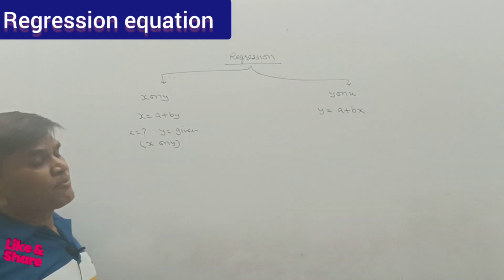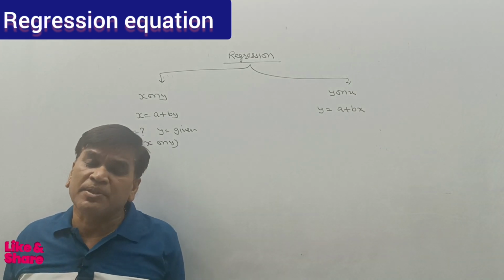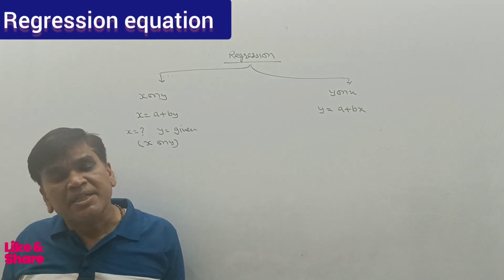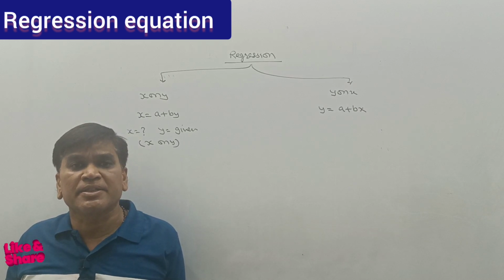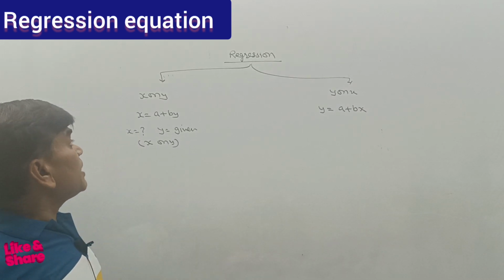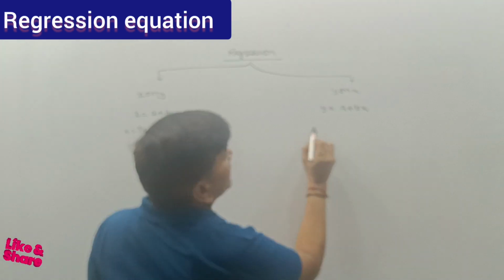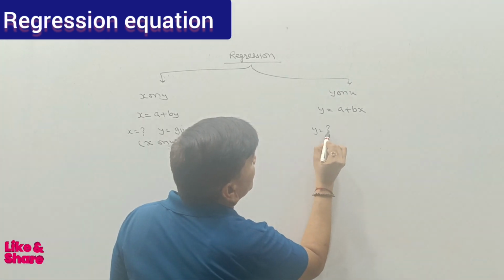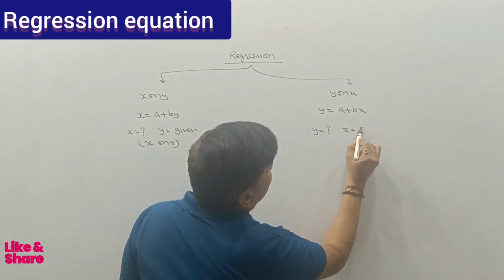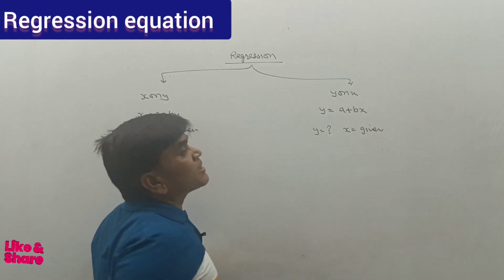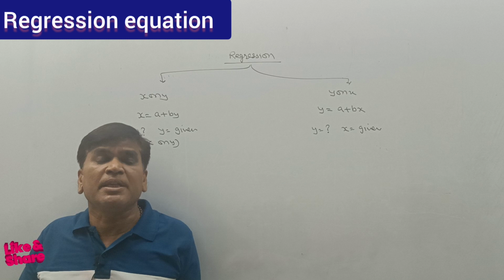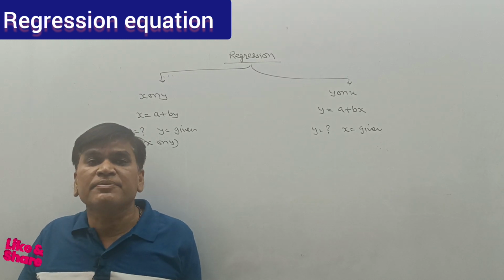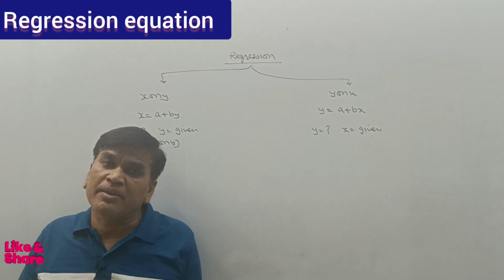It means if the y variable is given and x is not given, in such a case we have to calculate the regression equation that is x on y. Similarly, if y is to be calculated and x is given, it means our known variable is x and y is the unknown variable.